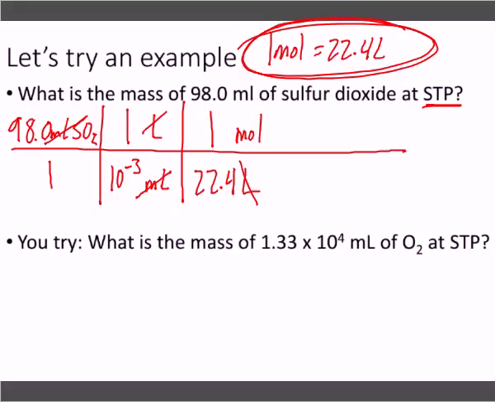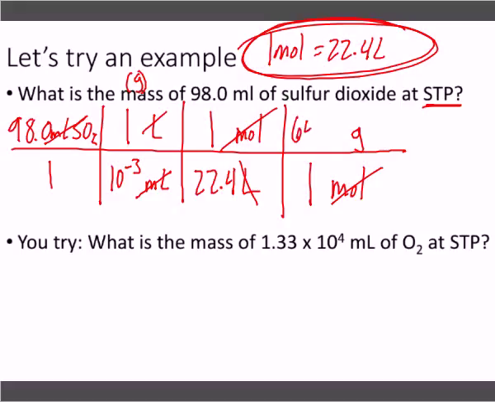Mass, which is grams. So we've got to do one more step. Moles will be on the bottom. Do moles and grams relate? Absolutely. We've done that extensively. You just did that in your bell work. When you have moles and grams in the same fraction, which one gets the number 1? 1 mole. So for sulfur dioxide, what's our formula? SO2. We've got to figure out the molar mass.